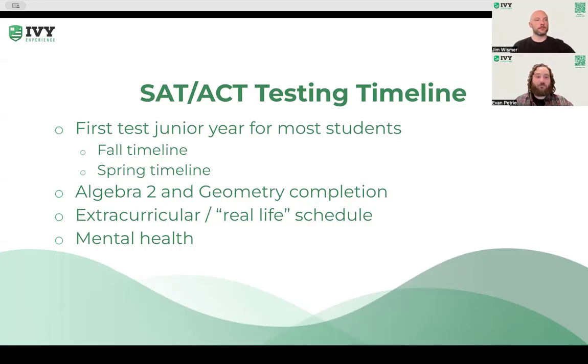But that's also going to depend on them having completed Algebra 2 and geometry by their junior year, or the equivalent integrated math, which is going to depend on the specific school they go to. If you're not sure where your student falls in terms of that completion level, email us. We'll figure it out for you.